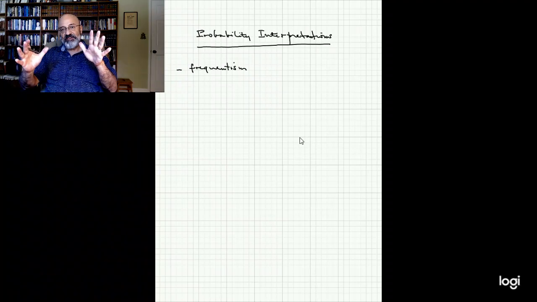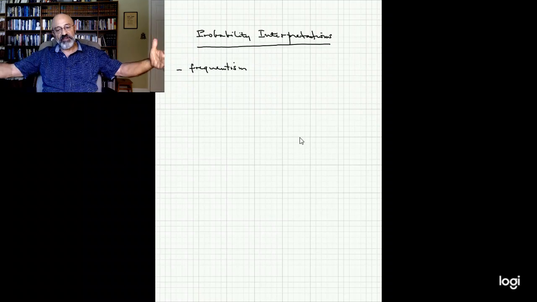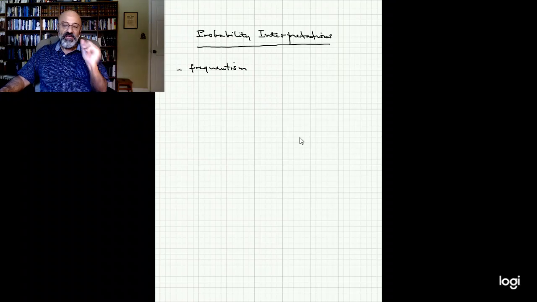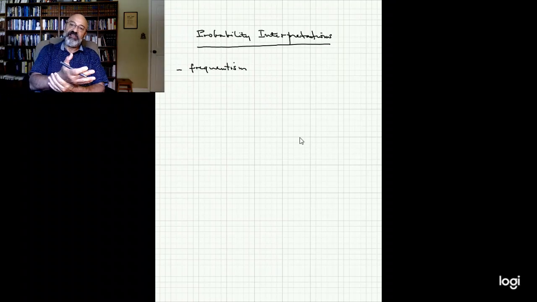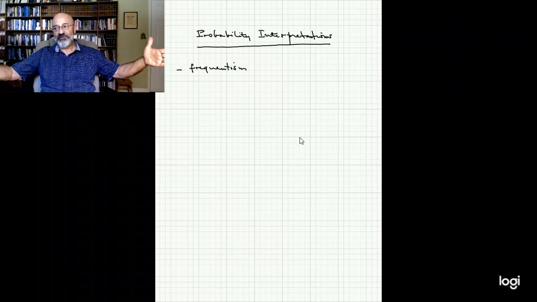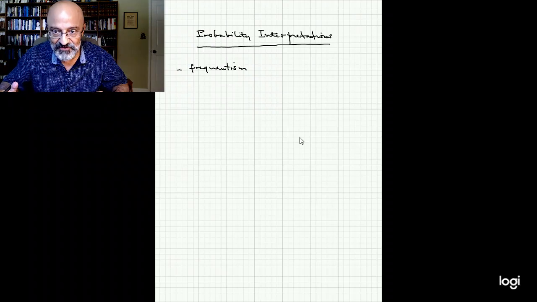The idea here is if you have a phenomenon that can be repeated a large number of times, you have many trials, you just count the number of outcomes of a particular type, and so the probability of that outcome is going to be the ratio of the number of successes over the whole number of trials. This is a wonderful way to think about probability.